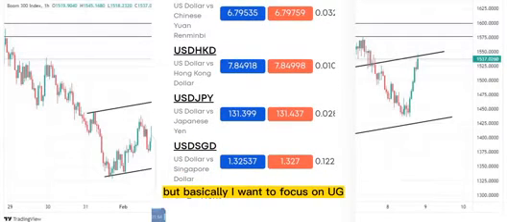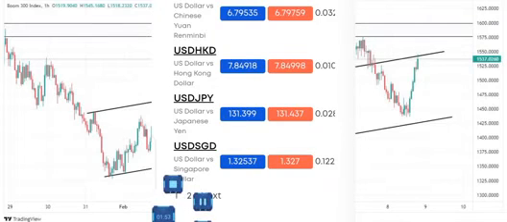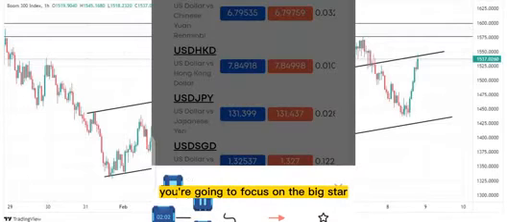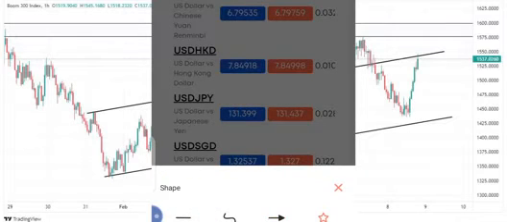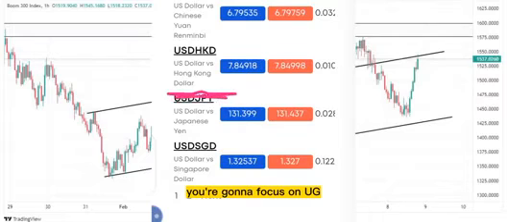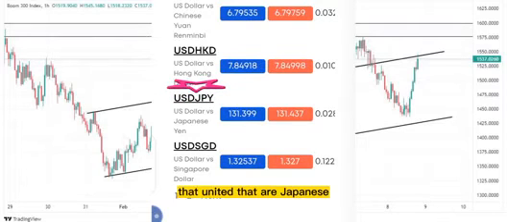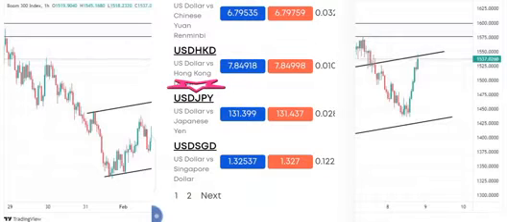But basically, you are going to focus on UJ, that is the United States dollar and Japanese yen.